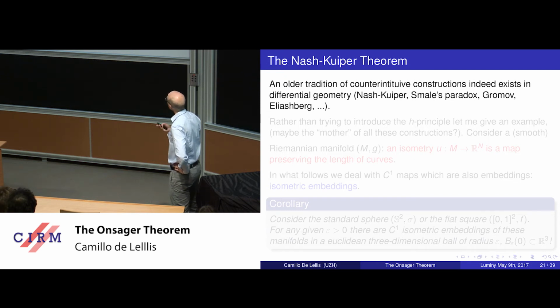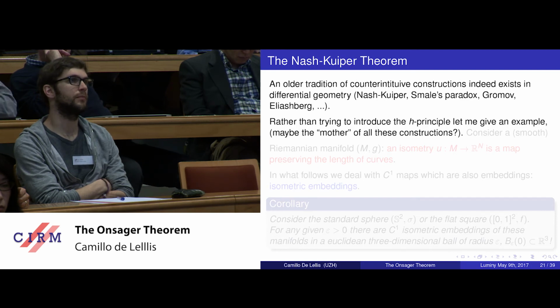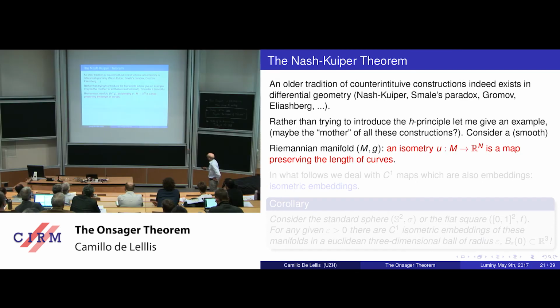So there is an old tradition of counterintuitive constructions in differential geometry, and perhaps the very first is the so-called Nash-Kuiper theorem. The Nash-Kuiper theorem says the following. Take a Riemannian manifold (M, g).